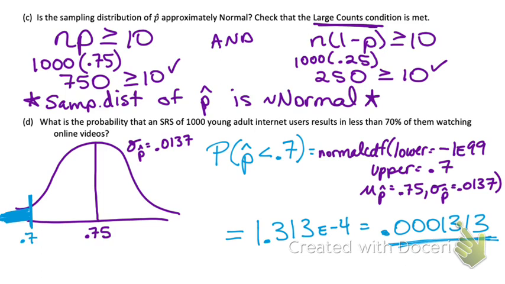So what do I think if I go out and I get a sample where less than 70% are watching internet videos? What does that make me think? That there was maybe something wrong with my sample. Maybe I had some bias. Maybe I went to an area that has low internet connection. What else might I think?